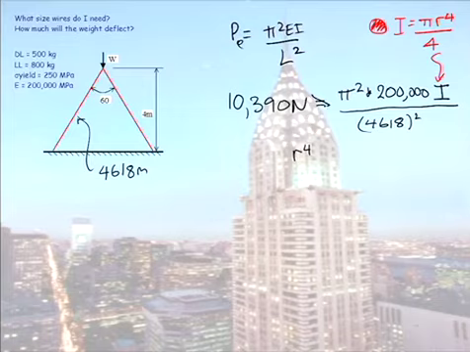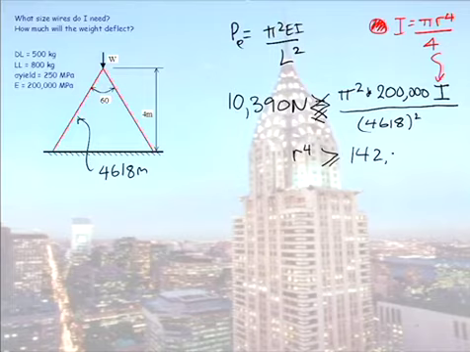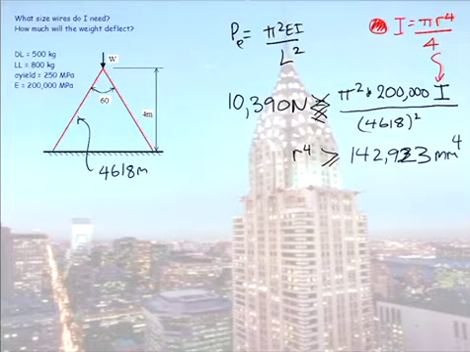This has to be less than, no, I've got it the other way round, greater than. So when I work out my R here, it has to be greater than or equal to this number here, which you can get when you plug into your formula, and that will be millimetres to the fourth.